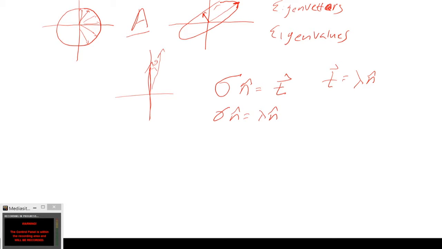Like that. All right? So we can bring this back over on the other side. Right? We can write this as sigma minus lambda I n equals 0. Or in terms of indicial notation, as sigma ij minus lambda delta ij times nj equals 0.